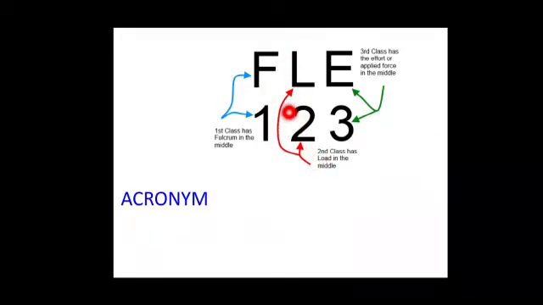And in third class lever, there is effort, or applied force, in the middle. So in this way you can learn the position of the fulcrum, load and effort by the acronym.